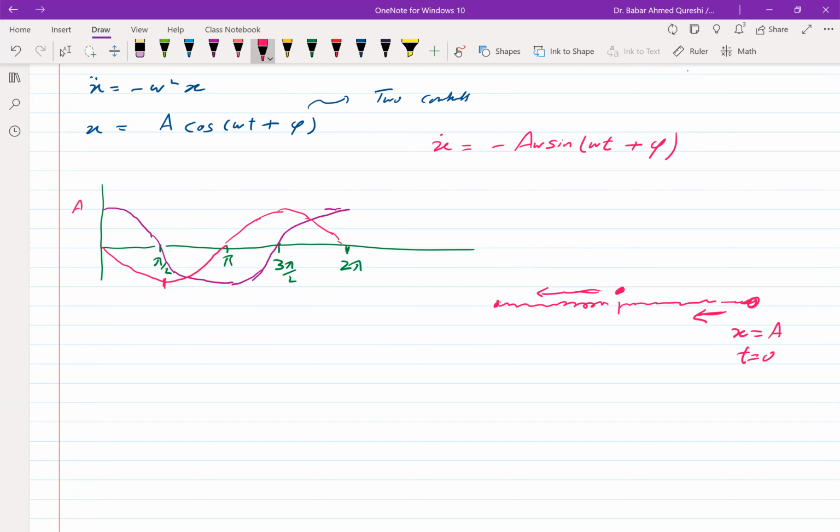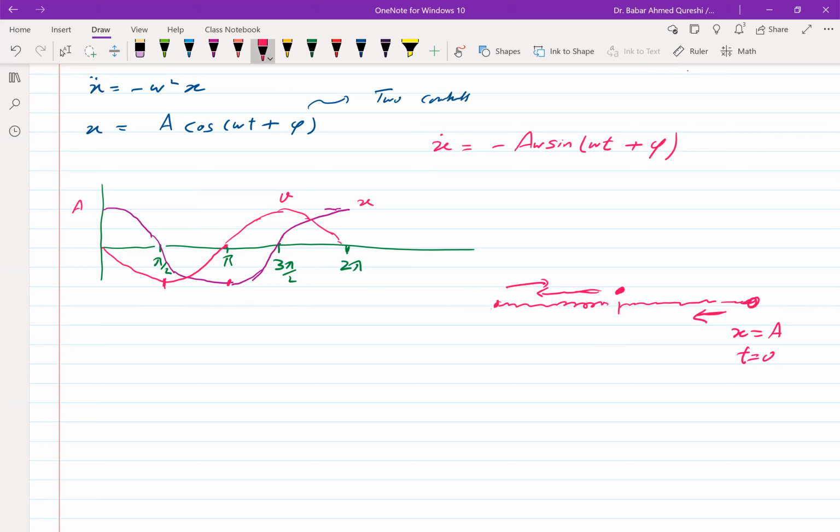When the speed becomes 0 over here at omega t is equal to pi, then the position, this line is position and this line is speed, has attained its maximum value in the negative direction on the other side. So it stops here and then starts accelerating in this direction because now the position is decreasing, going towards 0, and the speed is increasing.